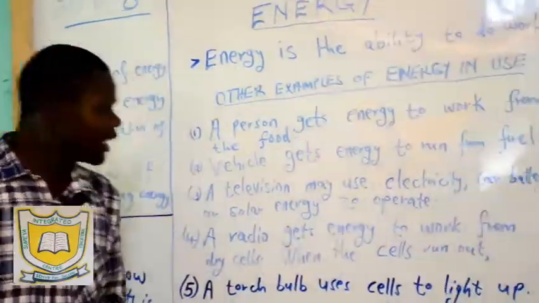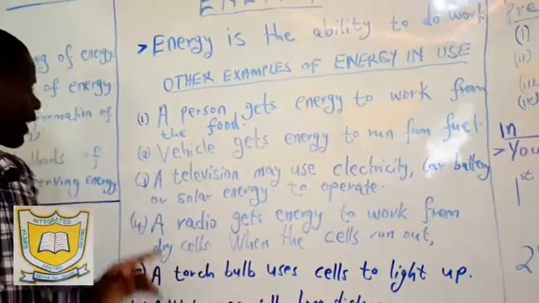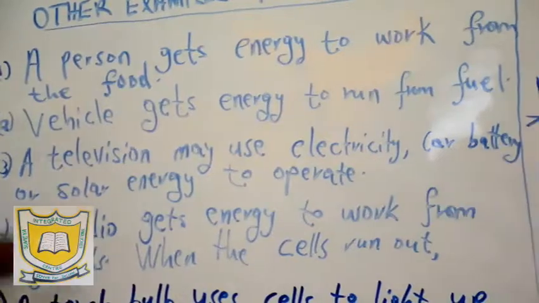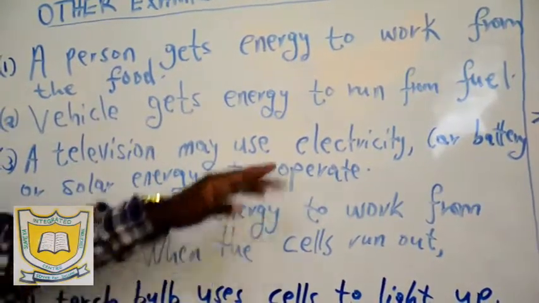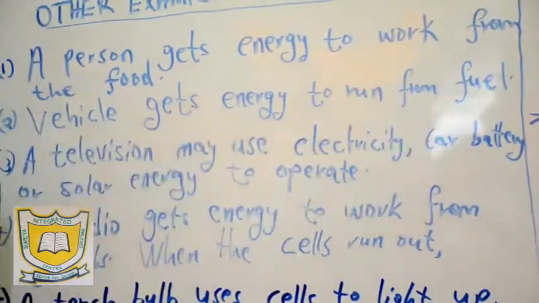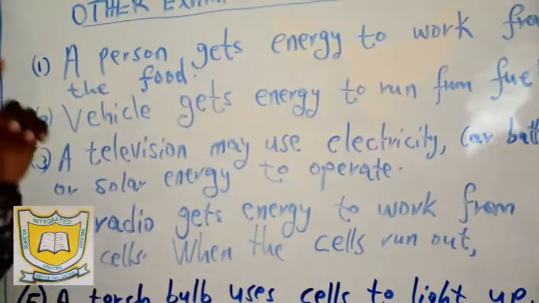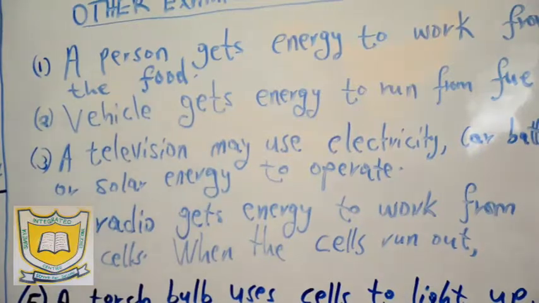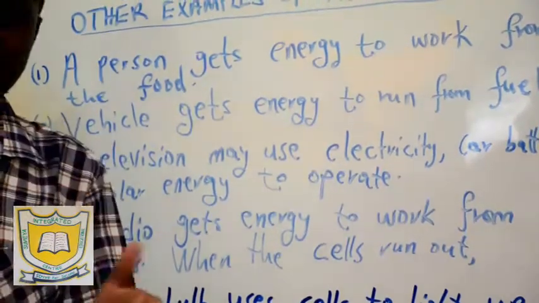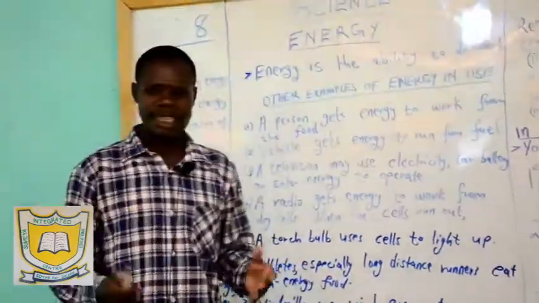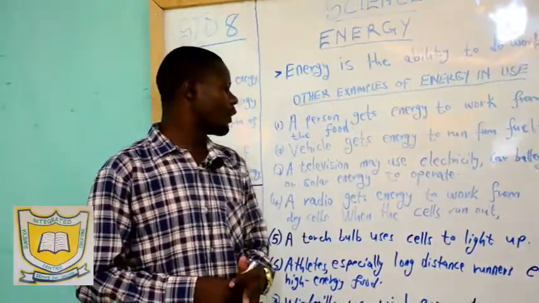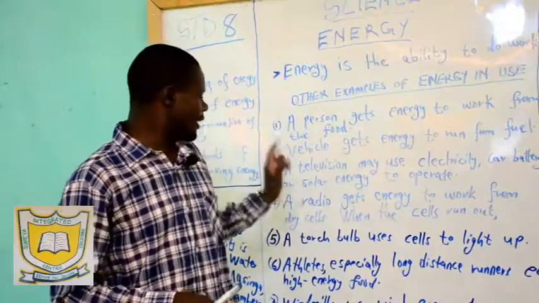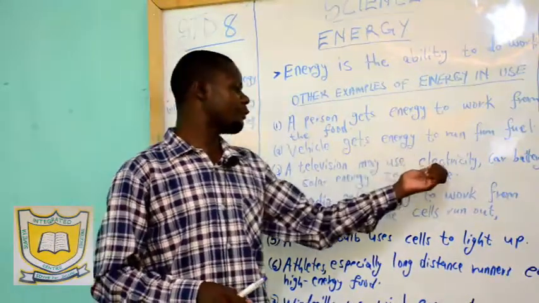Number three, another example of energy in use is a television. I know that many people have televisions. A television cannot work without electricity or car battery, or solar energy. Without them, the television cannot convey messages, play music, or entertain people with drama and so on. So the television gets that energy from electricity.